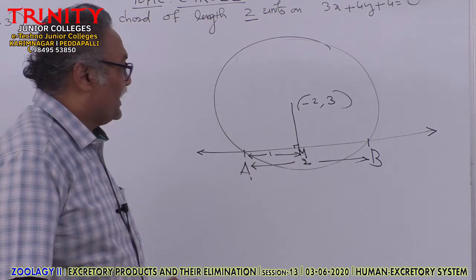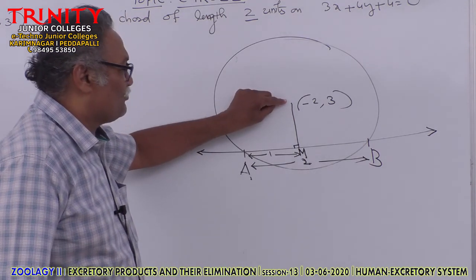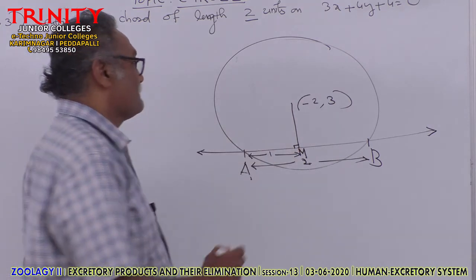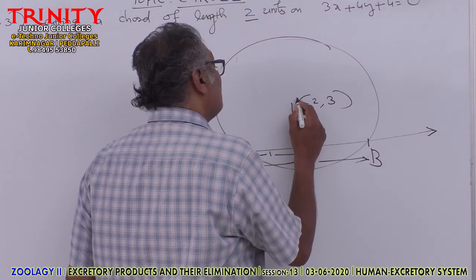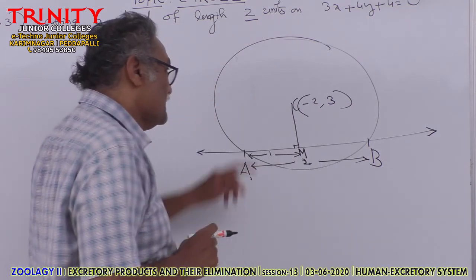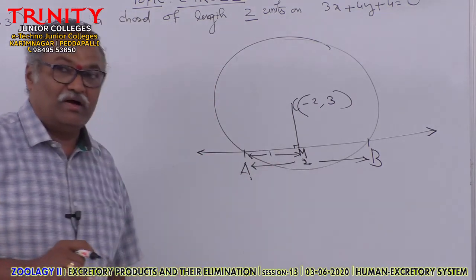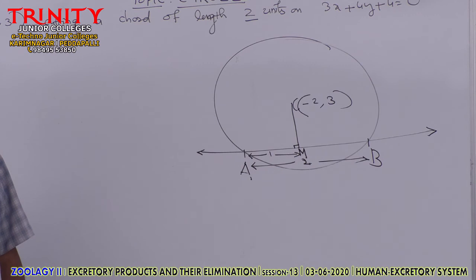Now, finding the perpendicular distance from the center to this line. C is the center of the circle. CM is the perpendicular distance from the center to the line.